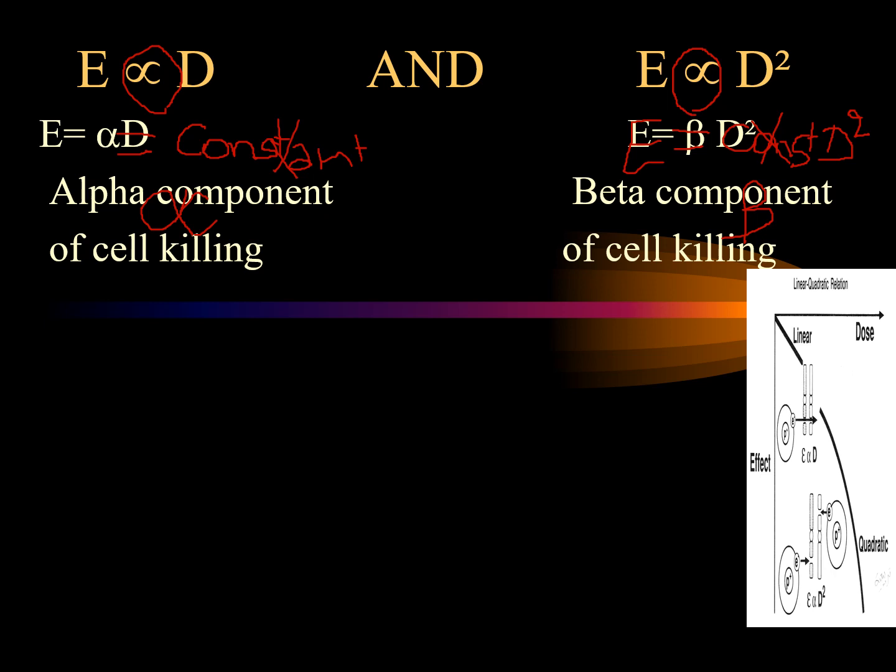The second part of the curve is the beta component of cell killing, a quadratic relationship. What does quadratic mean? It's E directly proportional to D. No, directly proportional to D squared. So it's a quadratic relationship, a quadratic component of cell killing. This is in a simple way. It will never be simpler than that, please.